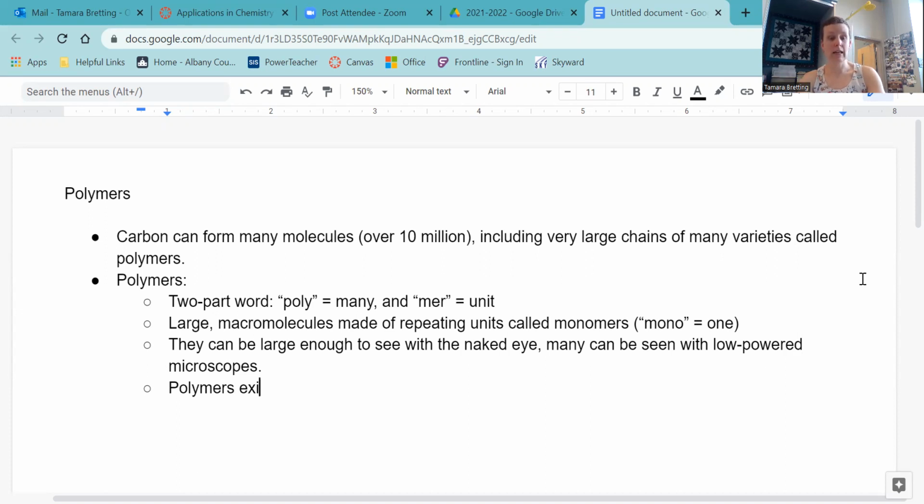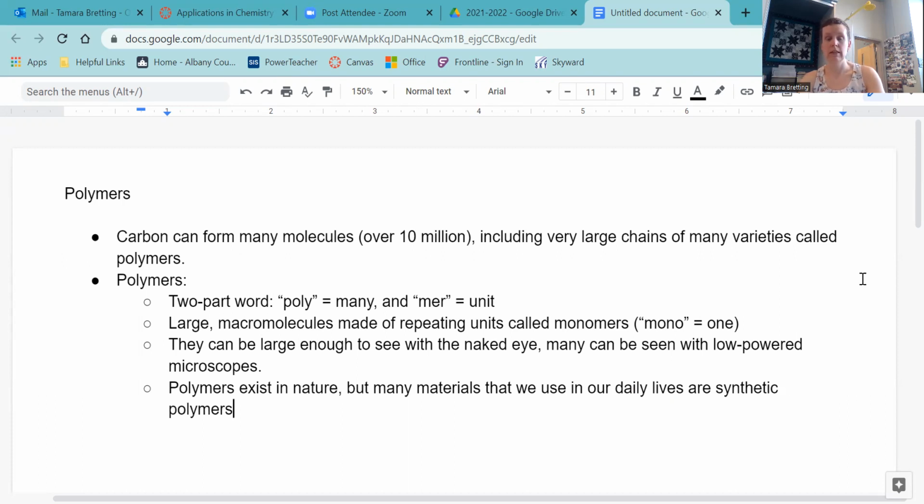Polymers exist in nature, but many materials that we use in our daily lives are synthetic polymers.